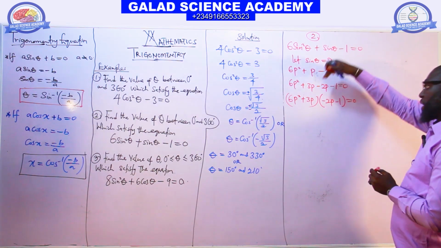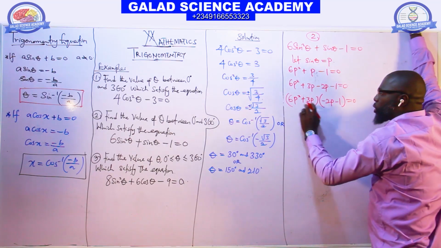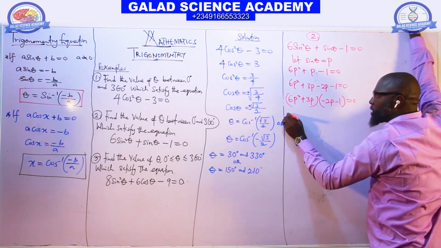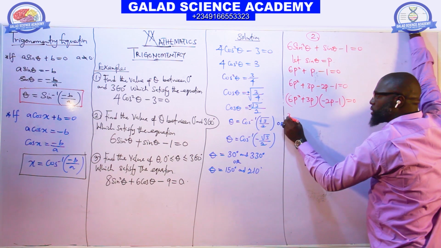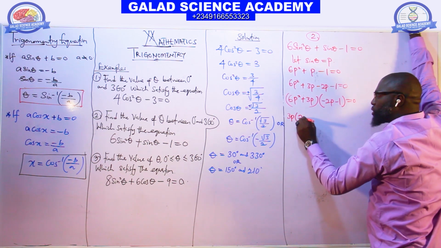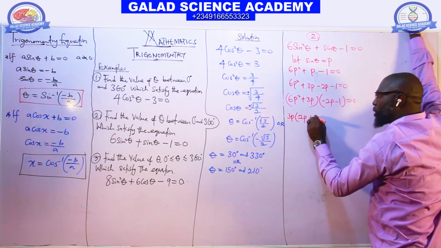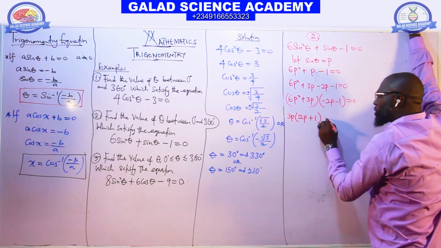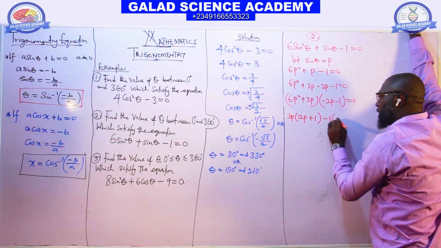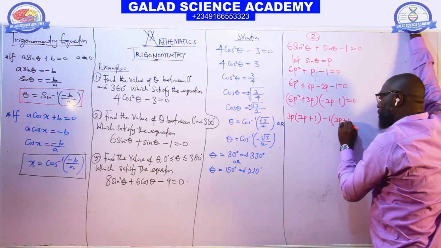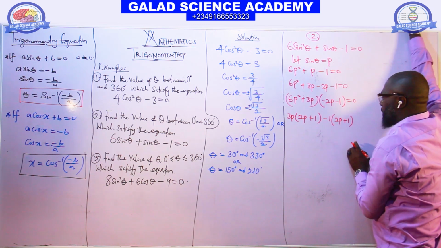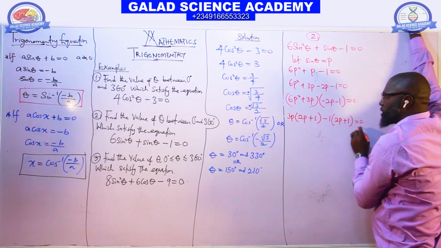This is common factorization of a quadratic equation. Common factor here is 3P, you are left with 2P plus 1. Common factor here is minus 1, left with 2P plus 1. So everything equal to 0.